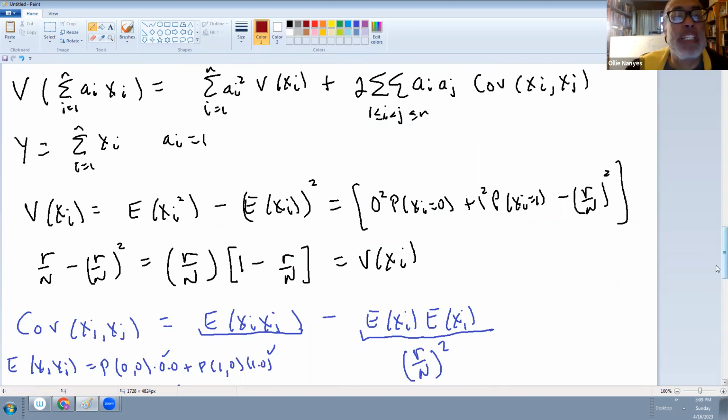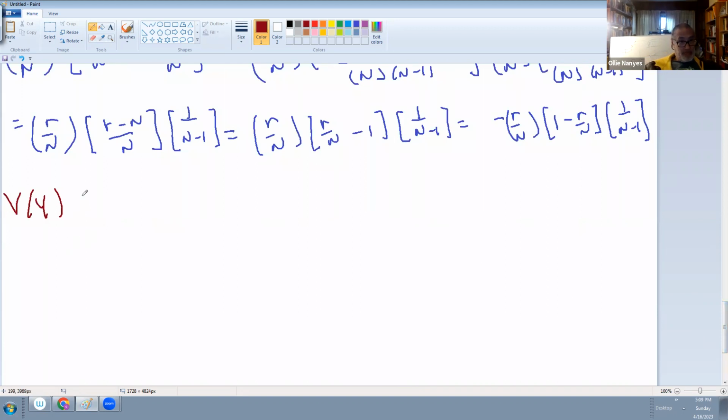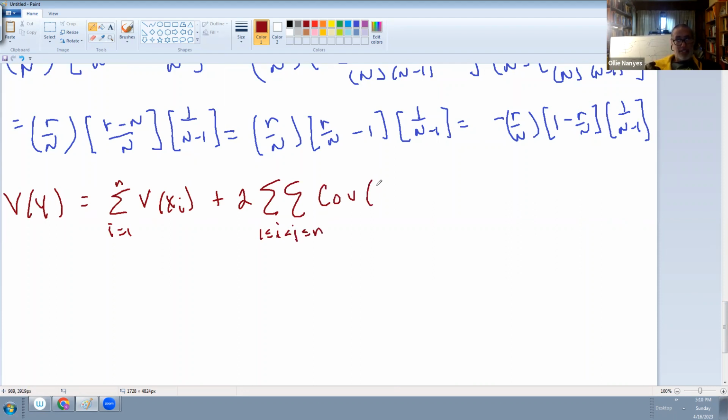So remember, each a_i is 1. So it's going to be the sum of the variances of the xi from i equals 1 to n. And then we have the plus 2 sum over 1 ≤ i < j ≤ n of covariance xi xj.